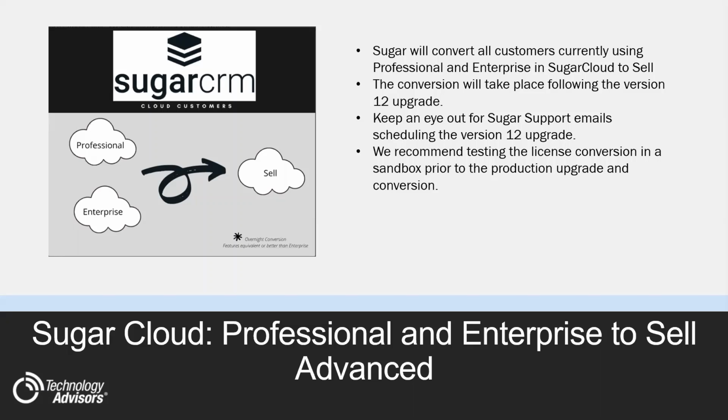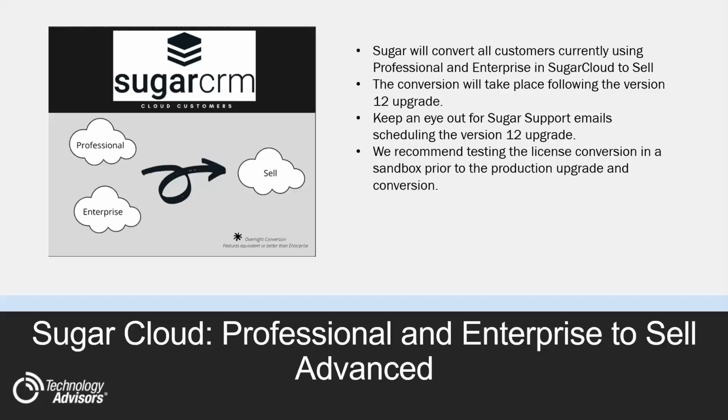One thing that's important to note with this conversion, Sugar is not removing any functionality that you're using today. This is really like a license switch. As part of Sell Advanced, Sugar's also going to be unlocking some features that weren't previously out of the box in Sell. Those features are legacy workflows, the cases module, and the projects module.